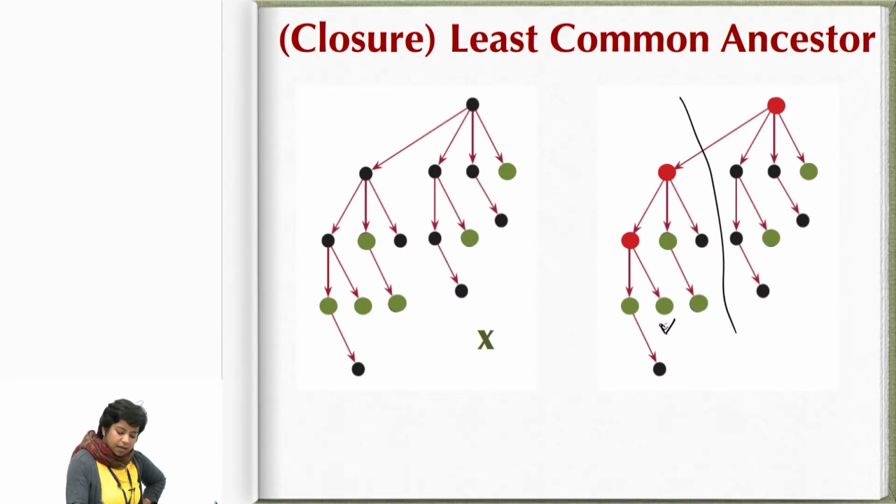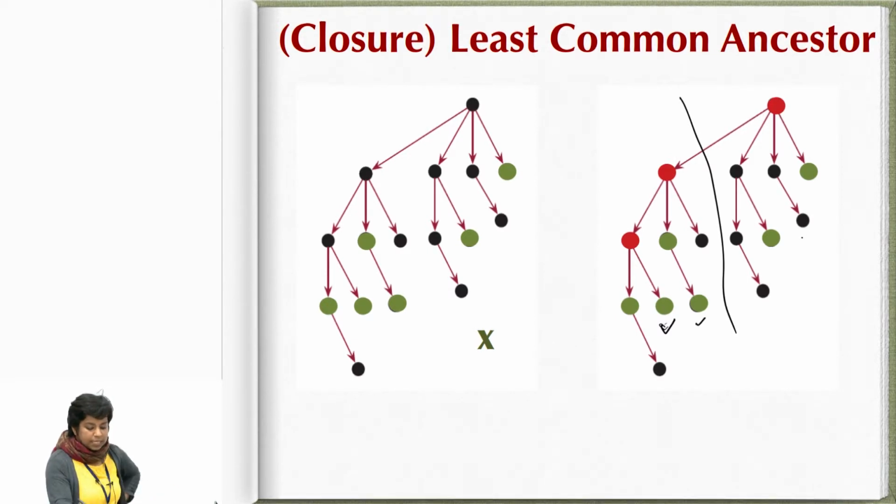Between this X vertex and this X vertex, their least common ancestor is this. It is already present in my X set, so I don't have to add anything, correct? And between this guy and this guy, this is the least common ancestor. Basically this is the least common ancestor of both this pair of vertices as well as this one, so I don't have to add it. So this part of the tree is over.